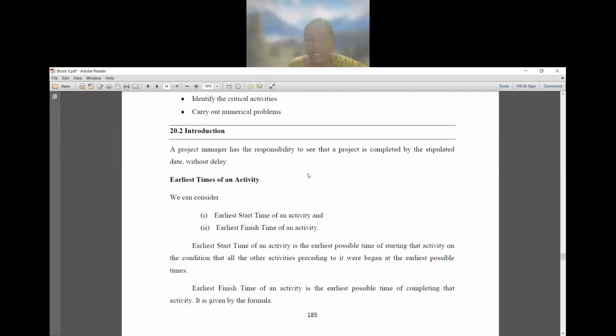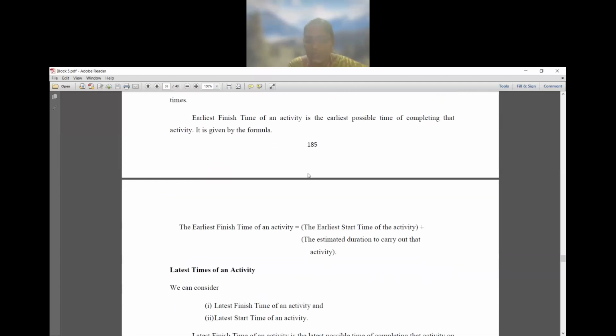It is determined by using the formula: earliest finish time of an activity is equal to the earliest start time of the activity plus the estimated duration to carry out that activity.